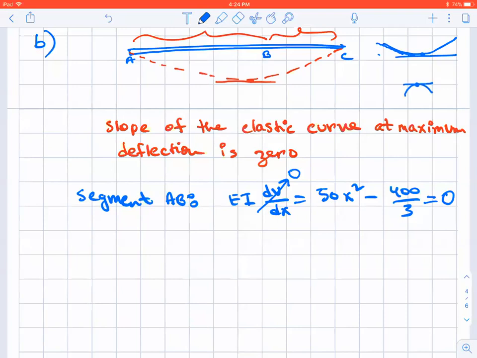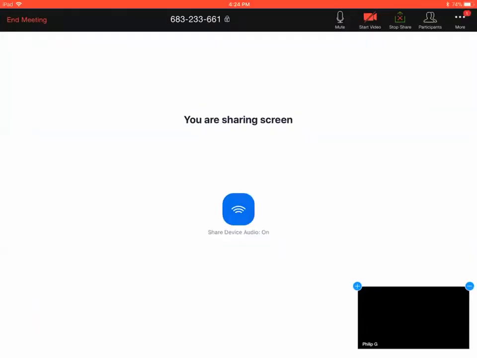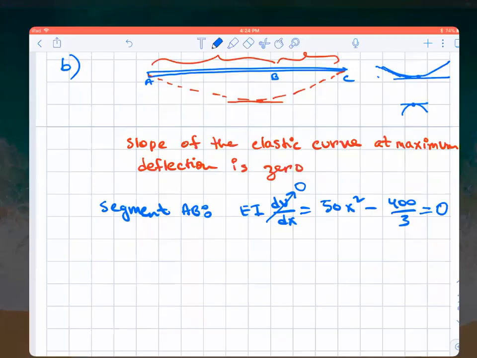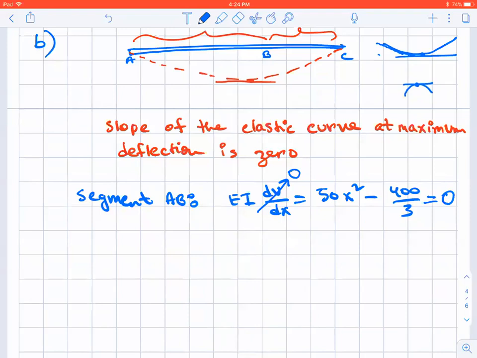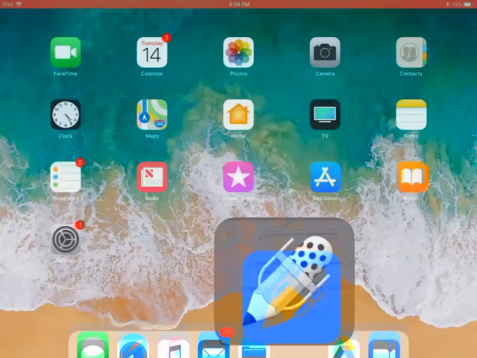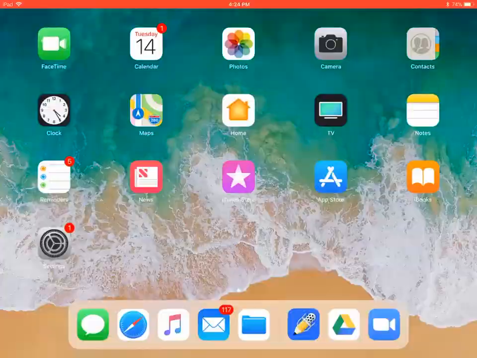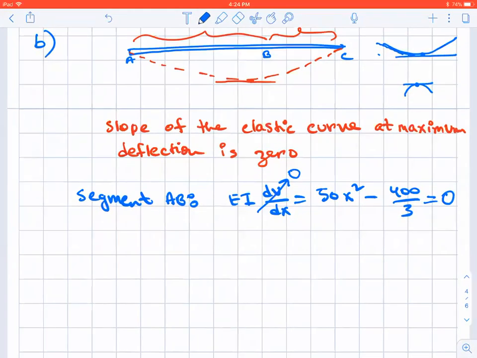So dV dx is 0, so 50 x squared minus 400 by 3 is equal to 0. So this is what we get. Now you solve for x.